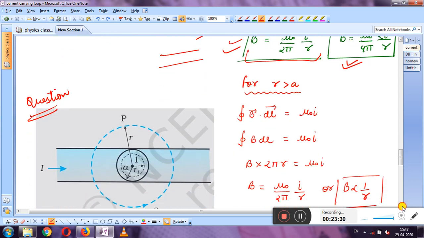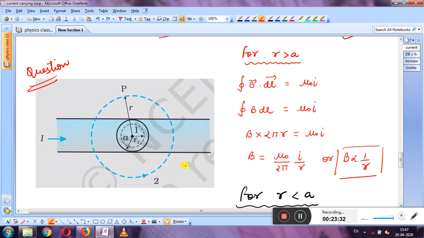Now we have one question. This is a derivation in the form of a question. What we have here, you can see this is the wire, these two lines are just representing a wire. In this wire a current is flowing, that current is equal to I. Now there are 2 points we are considering.